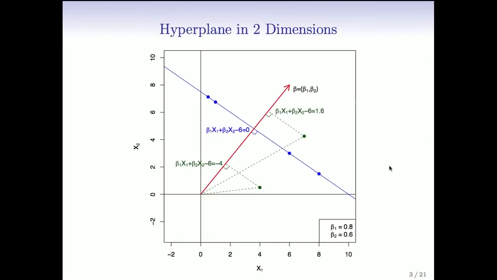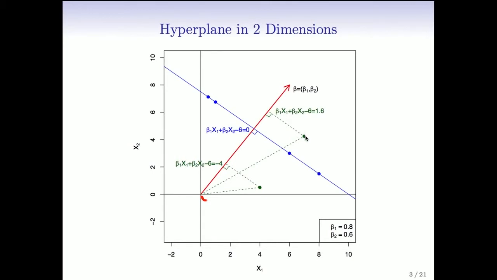Let's have a look at the picture and see what we mean by that. In this picture, the blue line is the hyperplane. We've got some points in the picture, and there's the origin over here. And we've got this red line, which is the normal to the hyperplane, so it's orthogonal to the surface of the hyperplane. The way you understand what's going on is as follows.